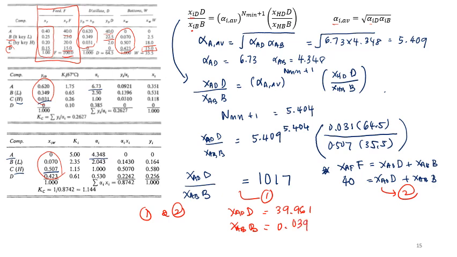Our initial estimate was that x_AD D equals 40 and x_AB B equals 0. So there is some difference between the initial estimate and the actual distribution.